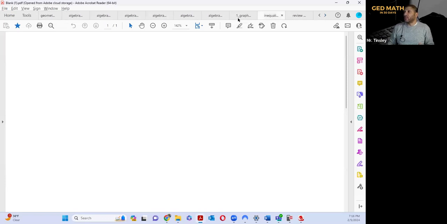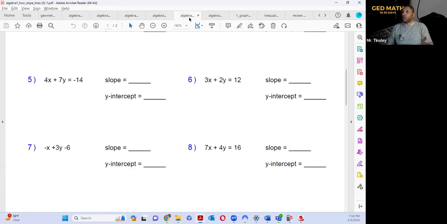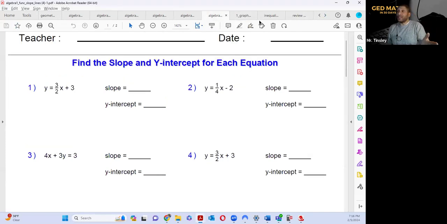What did I say? You should be able to look at slope-intercept form, y equal mx plus b, and give me the slope and y-intercept. My slope is 3/2, my y-intercept is 3. This is slope-intercept form. My slope is 1/4, my y-intercept is -2.